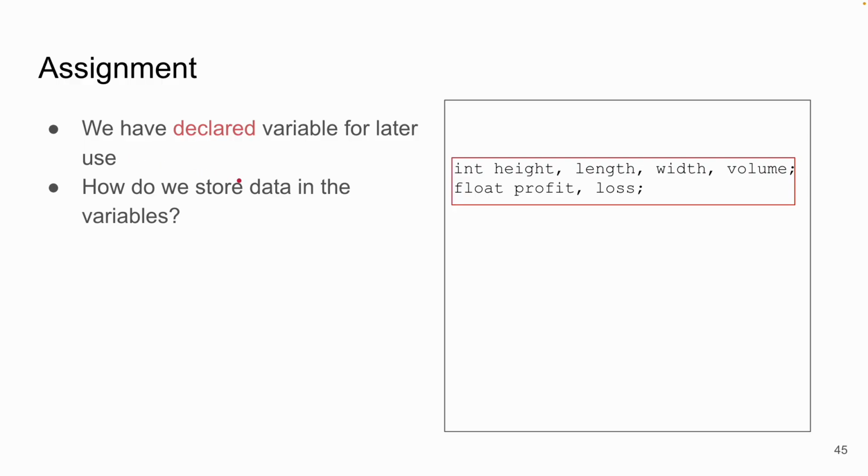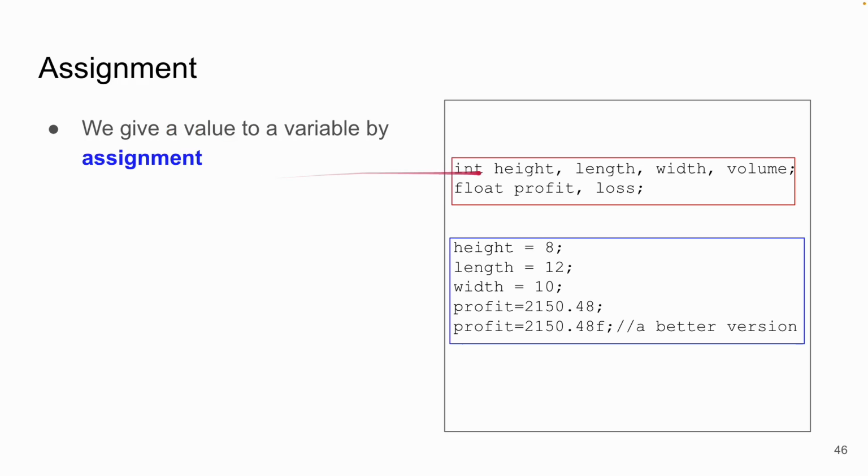The next question is how can we store data into these declared variables? To store data into declared variables, we call this action assignment. So we need to do some assignment. Here is how we can assign a value to a declared variable.